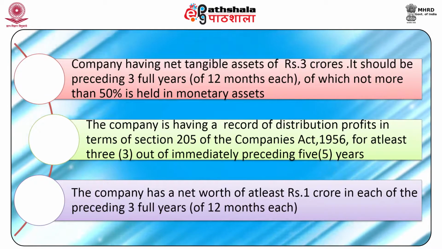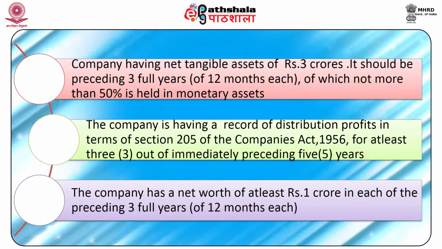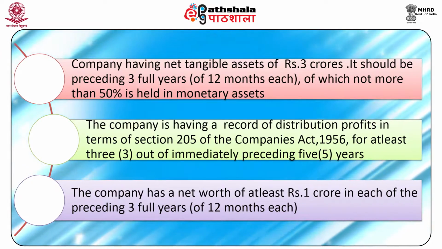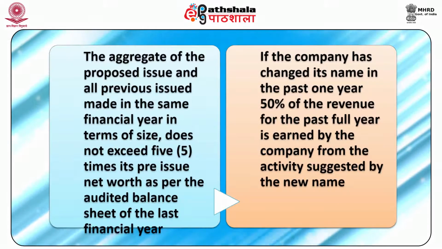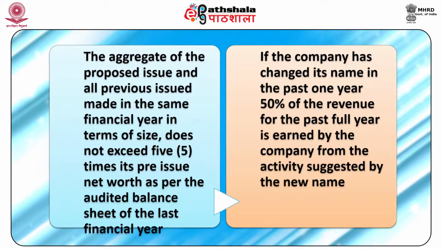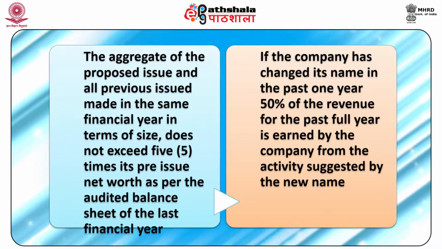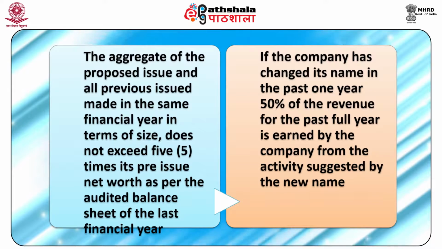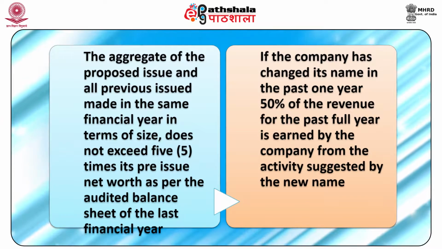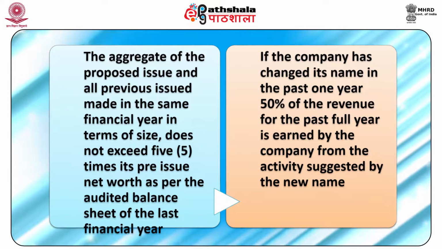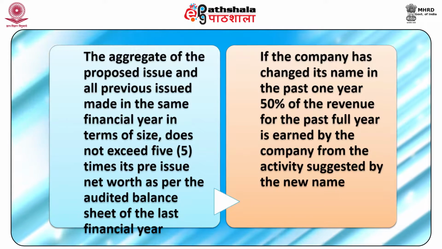The company has a net worth of at least rupees 1 crore in each of the preceding 3 full years of 12 months each. D. The aggregate of the proposed issue and all previous issues made in the same financial year in terms of size does not exceed 5 times its pre-issue net worth as per the audited balance sheet of the last financial year.